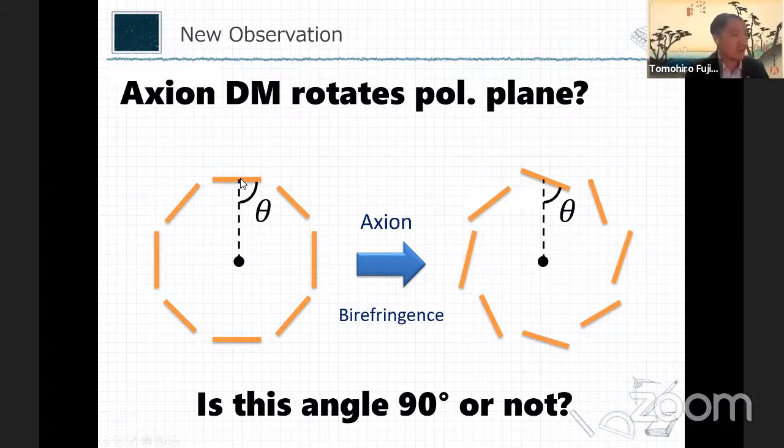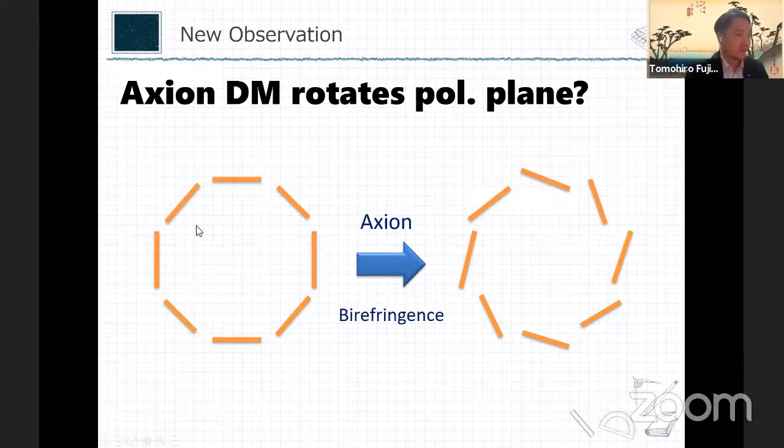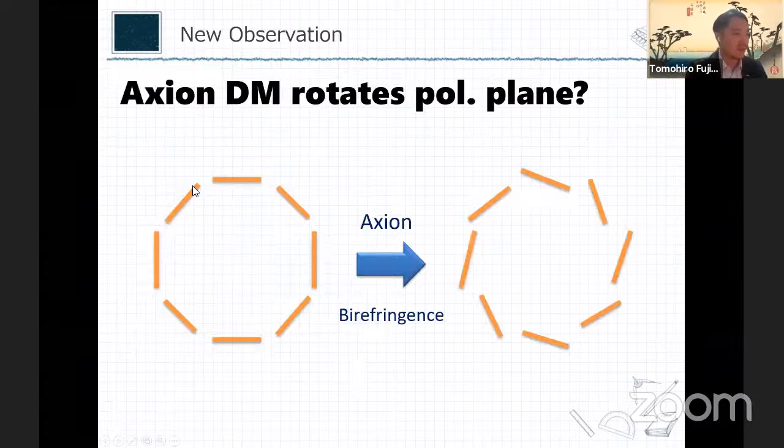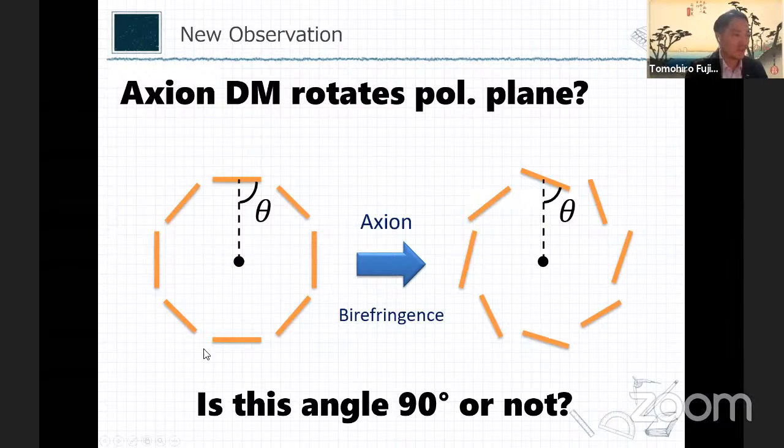Okay, in this plot, sorry, I didn't completely get the question, but let me explain this slide. Here is the prediction of this scattering mechanism, a simulation of the production of this polarization pattern. Originally, at the position of the protoplanetary disk, you can define theta for every photon, and theta is expected to be 90° originally.